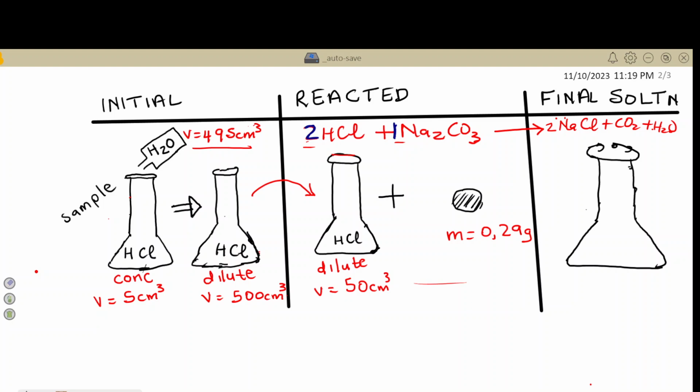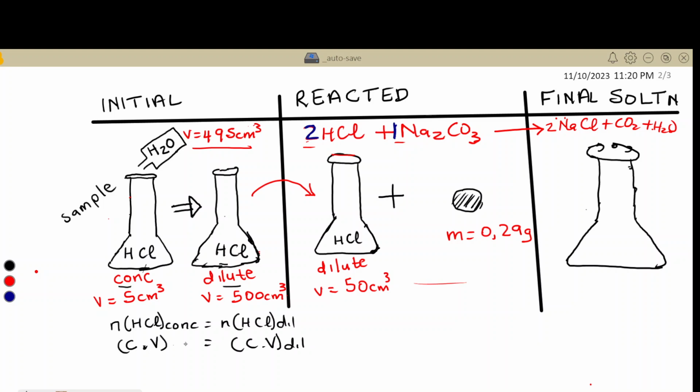Okay, let's determine the relationship between the concentrated and the dilute. The number of moles of this concentrated HCl is equal to the number of moles of this dilute HCl. Now the number of moles is concentration times volume, so concentration times volume for the concentrated equals concentration times volume for the dilute.